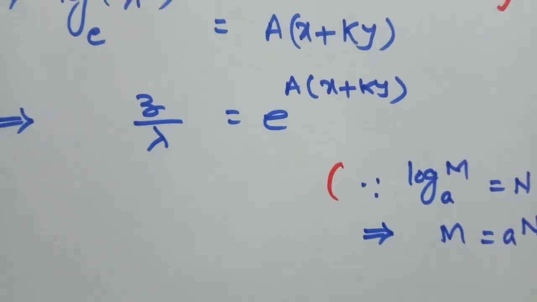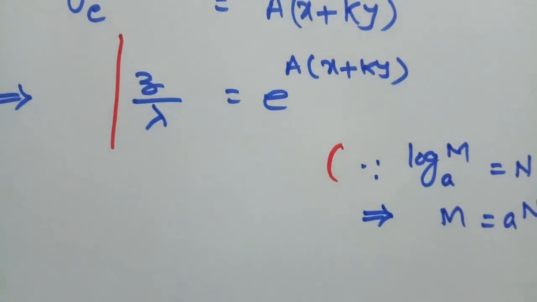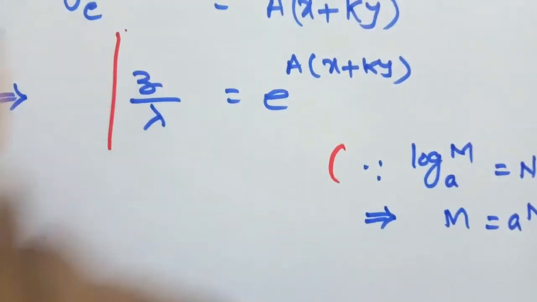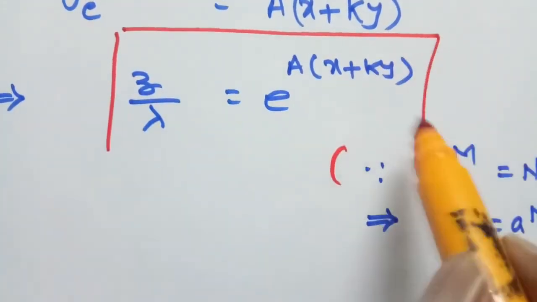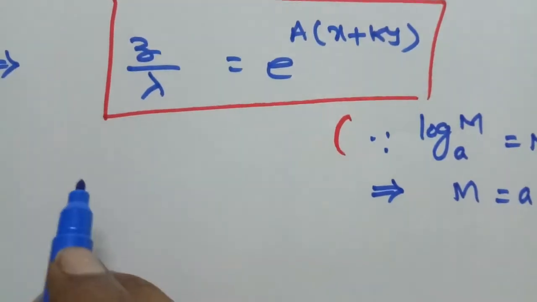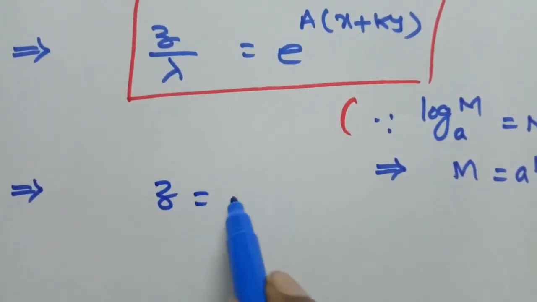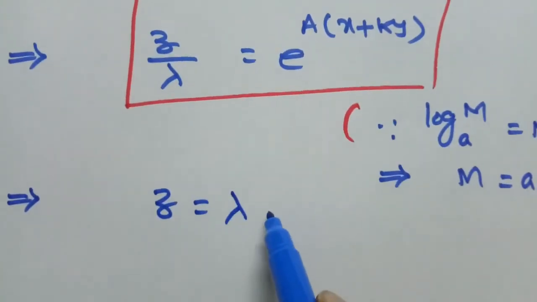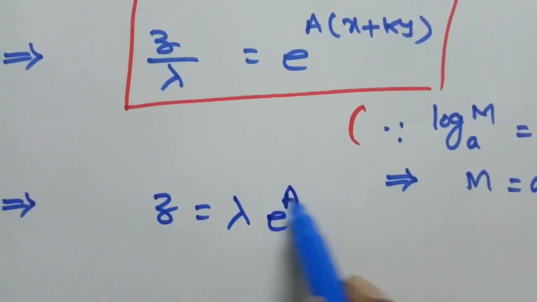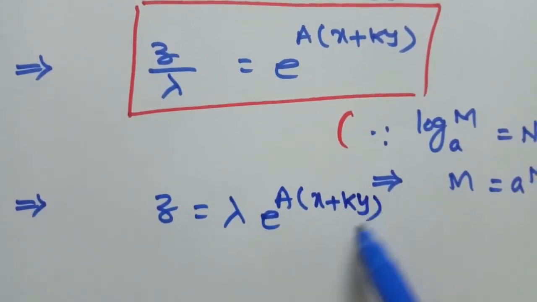Therefore by cross multiplication, this can also be written as z is equal to lambda into e to the power of a into (x plus ky).